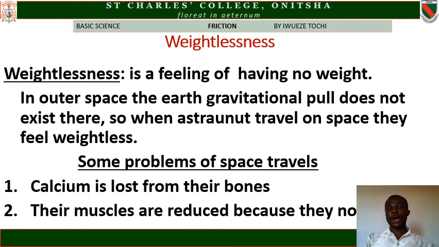Calcium is lost from their bones. The calcium that is lost from their bones may be as a result of the rays or the gases that exist there, which can dry the calcium in their body.